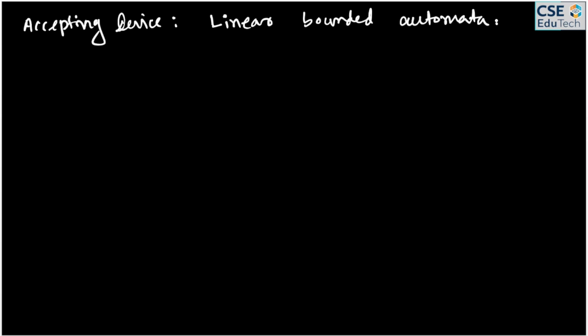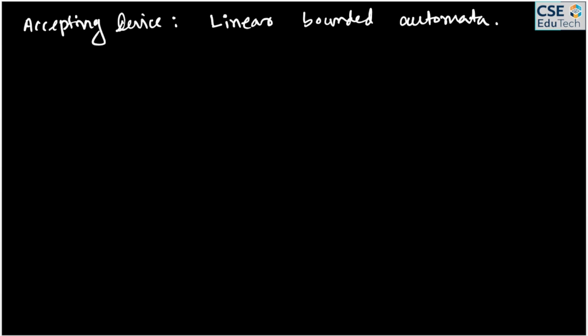We'll discuss these accepting devices later on, like Turing machine, like linear bounded automata. But now just remember that the accepting device in the case of type 1 grammar is a linear bounded automata.